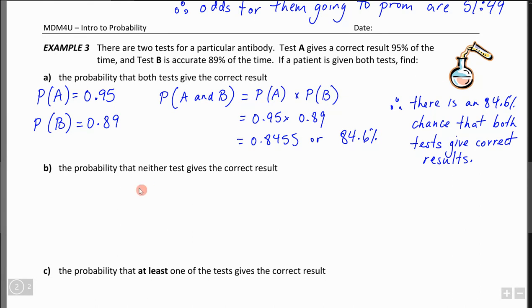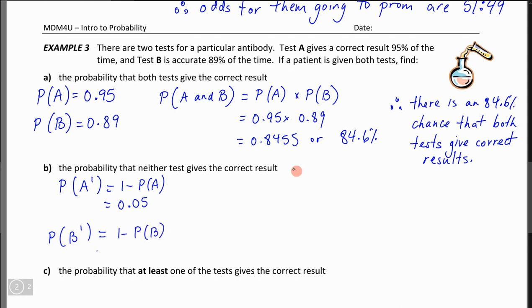Okay. So what's the probability that neither test gives the correct results? So the probability of A not giving the correct result is just 1 minus P of A. So that's 0.05. Probability of B not giving the correct result, that's the complementary as well. So 1 minus the probability of B giving the correct result is 0.11.